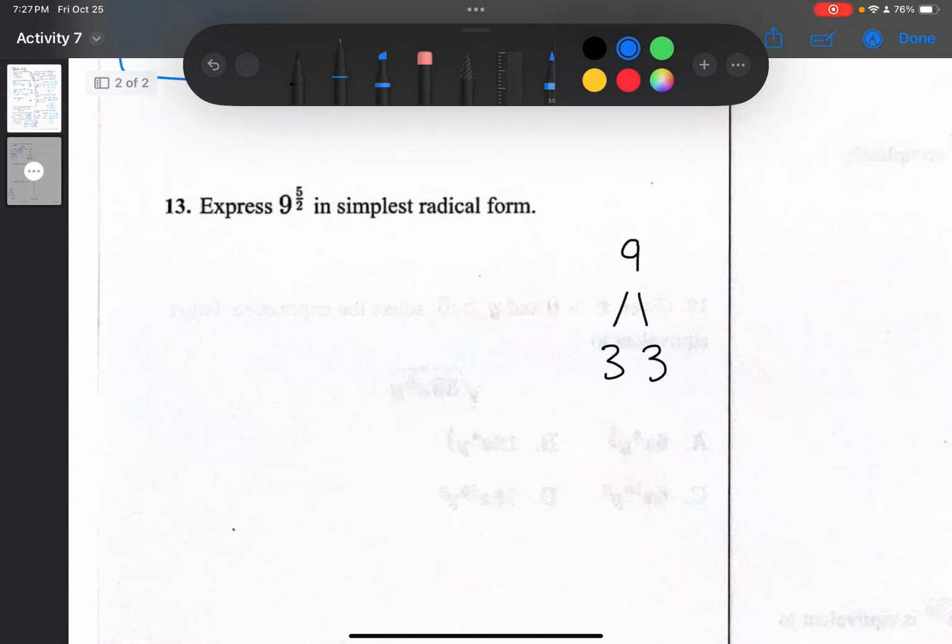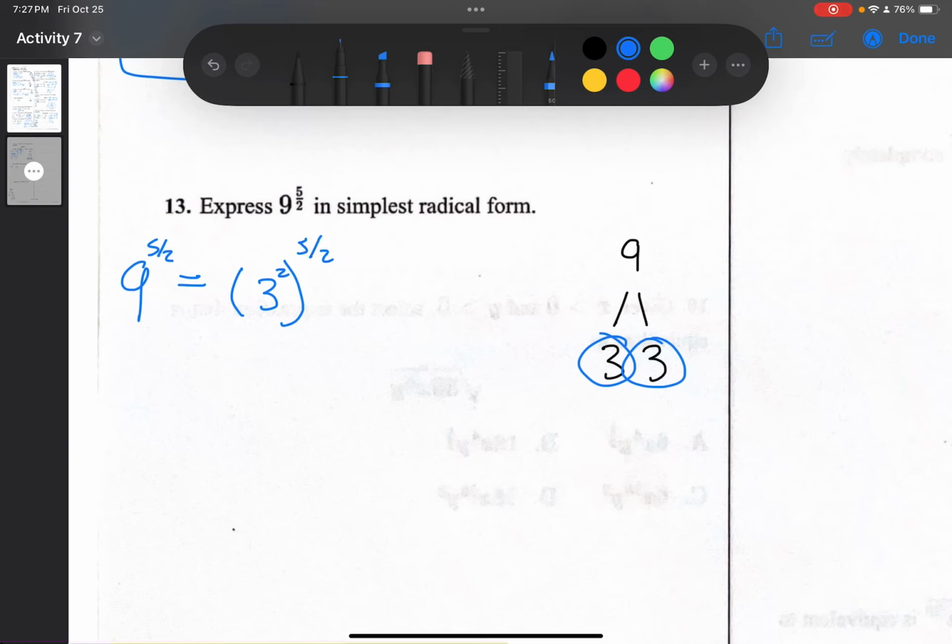Now, 13 is something I believe you're not going to really use on the test, but it's a good way to figure out how to manipulate the numbers to where it's easier to do. So a way to do this is we can see that 9 is 3 squared. So this value, this 9 to the 5 over 2, is basically the same as 3 squared to that 5 over 2.